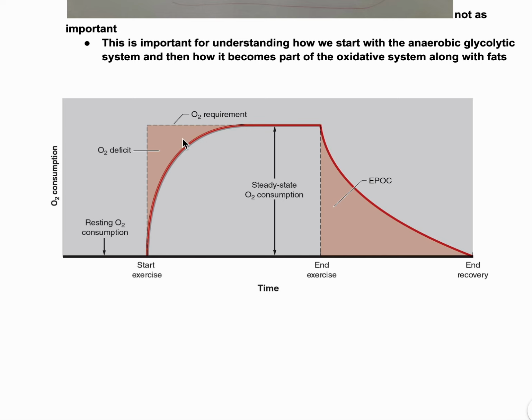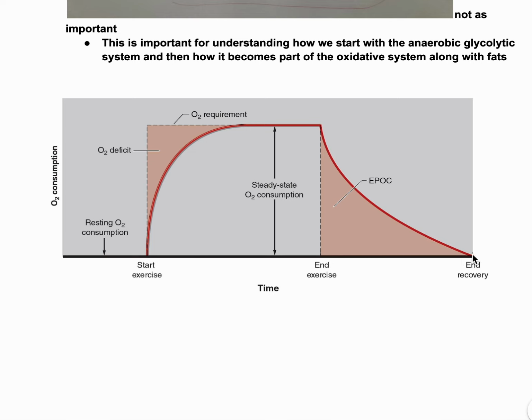With training, remember, this line will look a little bit closer. Our oxidative system becomes more efficient. But no matter what we do, we're going to have some level of oxygen that was needed for all of that energy that we produced immediately. That's going to have to be burned off.